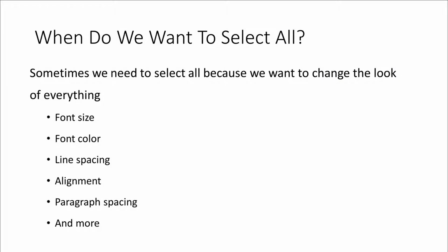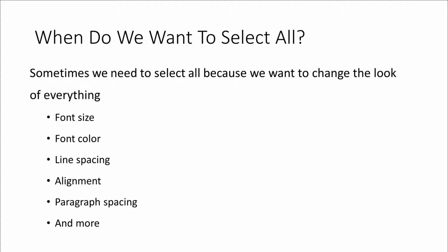So why do you want to select everything? There are a lot of situations when you want to change the look of your entire document. Say you want to make the font size bigger or smaller for the entire document. You want to change the font color. Line spacing. This is a place where you might want to change the spacing throughout the entire document.